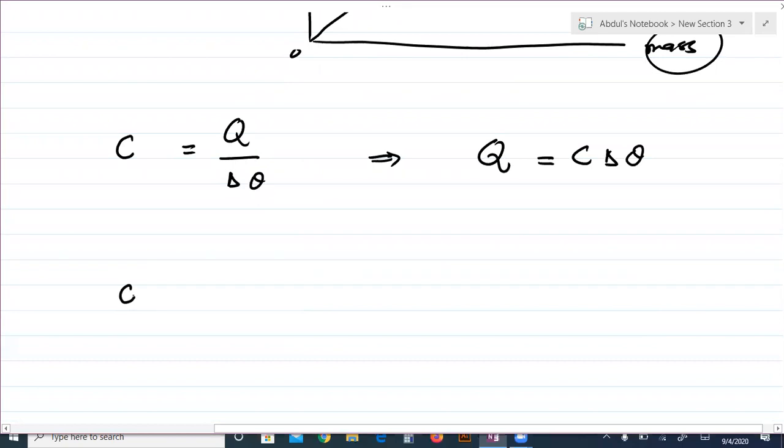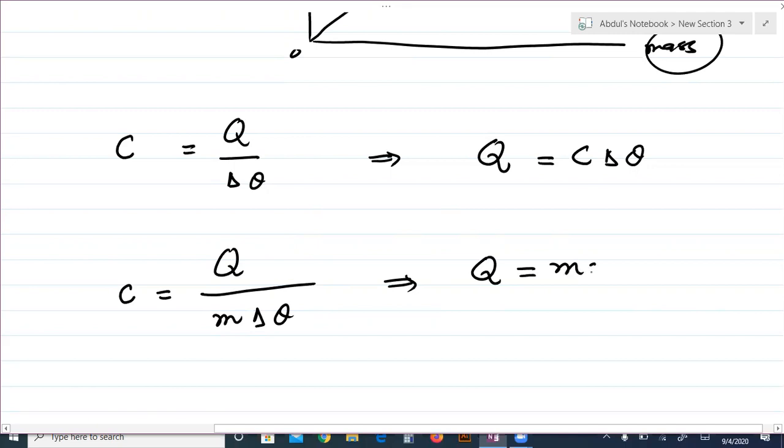And number two, specific heat capacity, Q divided by m delta theta, but for the numerical we use it like this, Q equals m c delta theta. This capital C is the heat capacity, this small c is specific heat capacity.